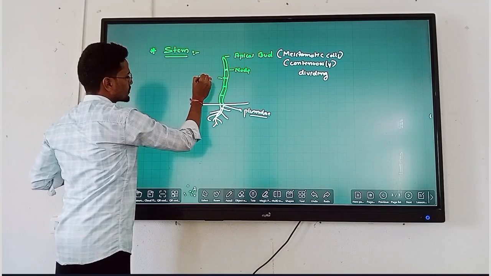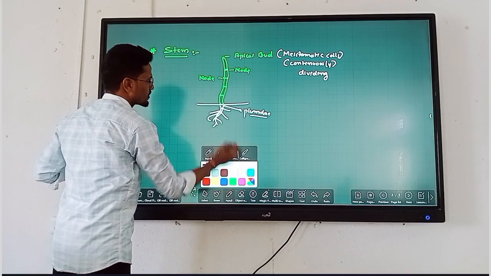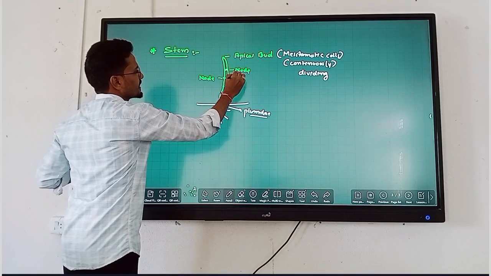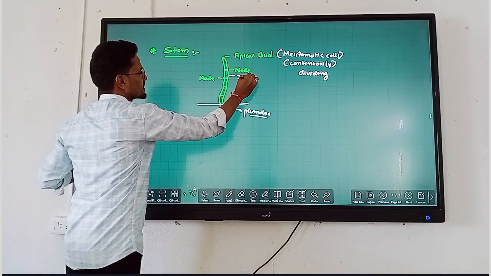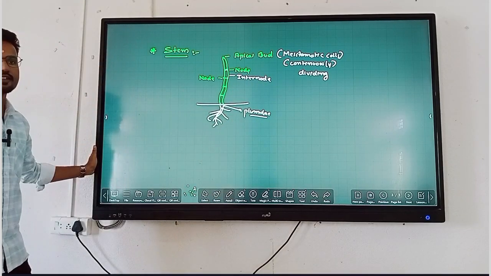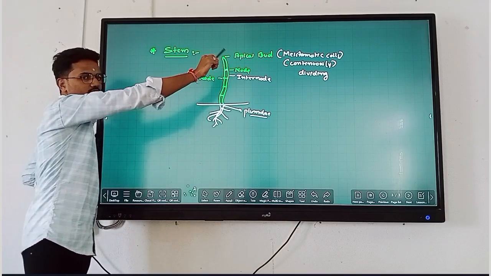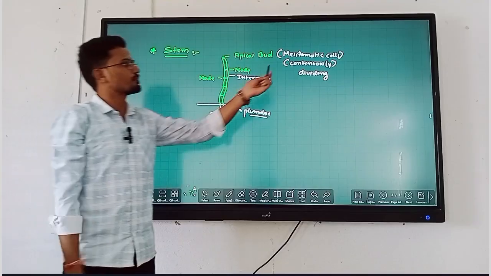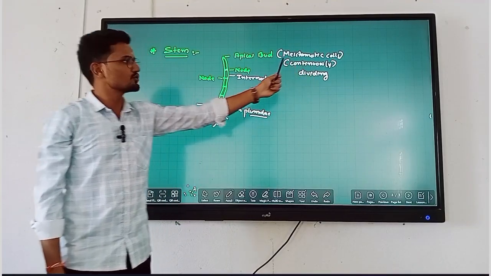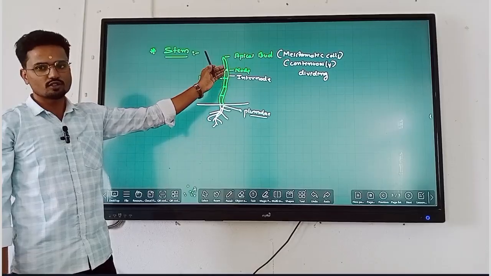This is also a node. In between two nodes, there is an internode. The apical bud is an accumulation and group of meristematic cells that divide continuously. Due to that, the stem increases continuously.